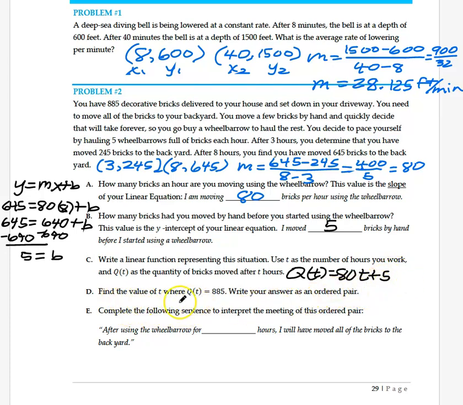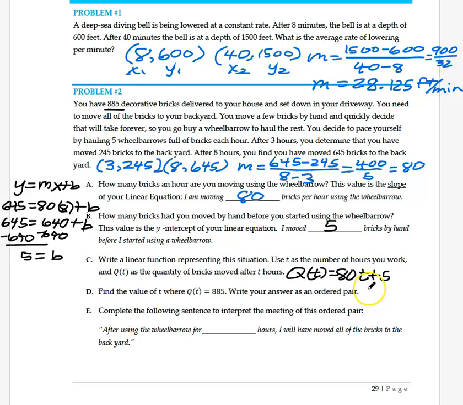All right, find the value of t where q of t is 885. So remember, we had 885 bricks that were delivered. And so we want to make sure that we can figure out how much time it's going to take to move those 885 bricks. Okay, and then notice also it says write the answer as an ordered pair.